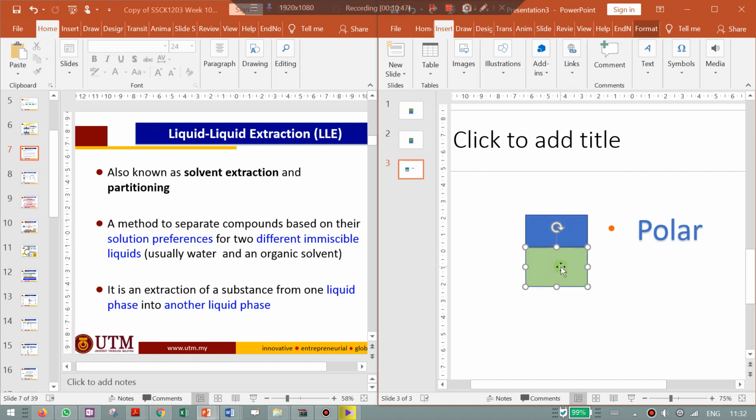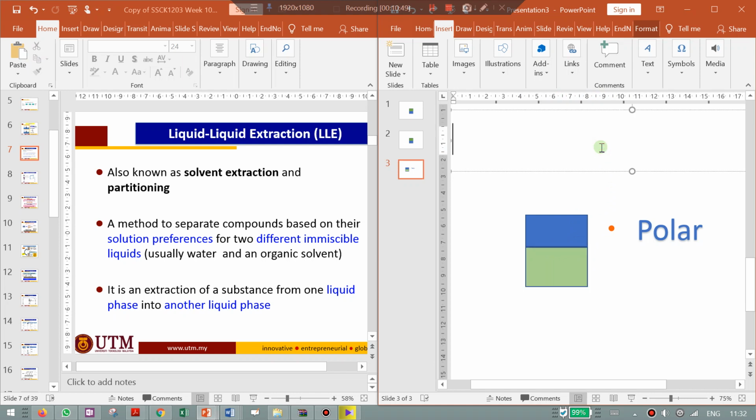Examples of non-polar solvents that have a higher density than water are carbon tetrachloride, CCl4, and carbon disulfide. If the solvent has a higher density compared to water, it will reside at the bottom of the container.